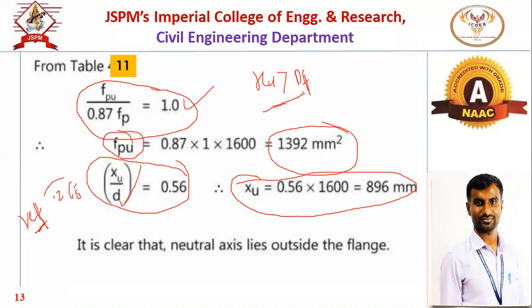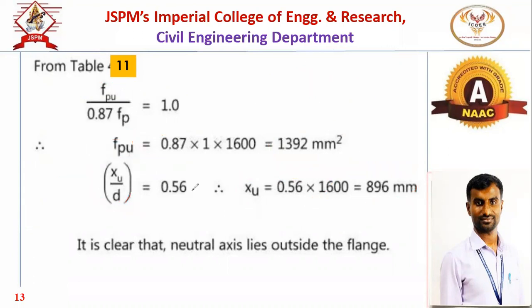As it is greater than Df, you have to use the flexural strength formula, or the moment of resistance formula, which is a combination of two different equations that we have discussed. This is valid when xu is greater than Df, and this is the case because Df is 150 mm, and 896 is greater than 150. It indicates that the neutral axis lies outside the flange.